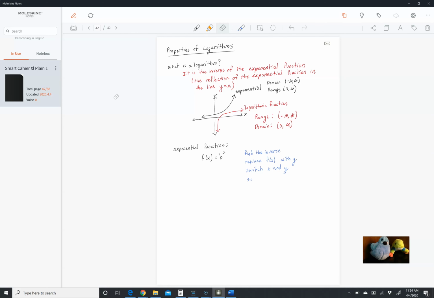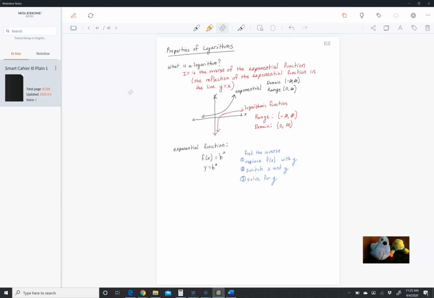And then we're going to solve for y. So it's a 3-step process. So if we go through and we do these 3 steps, start by replacing the f of x with y. So we have y equals b to the x.